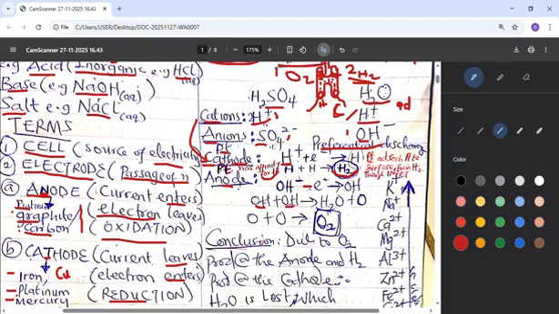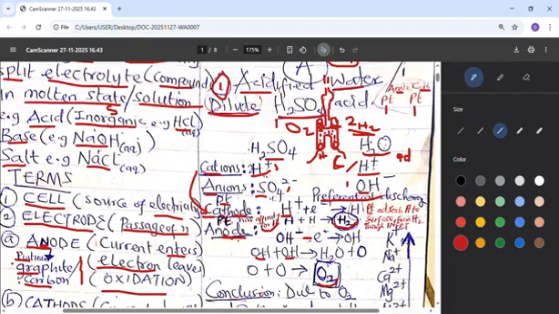So the hydroxyl will react with another hydroxyl and turn to water and oxygen, but this oxygen cannot stand alone, and that's why it will react with another oxygen and form oxygen gas. So the conclusion here is that oxygen gas will come out through the anode as hydrogen comes out through the cathode. You can see the oxygen gas coming out from the anode. The anode is this left side. The oxygen gas, take note, is 1 molecule. For hydrogen it is 2 molecules.